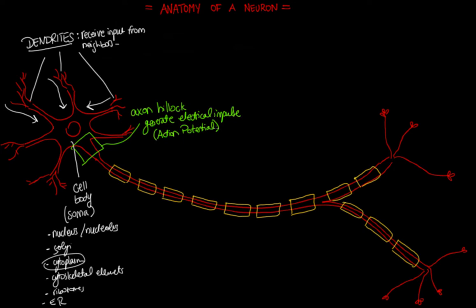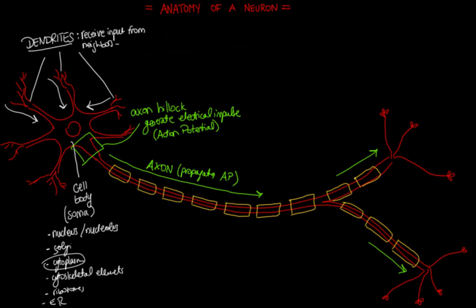So after the action potential is generated, it is then going to propagate down a very long process. And this process is called the axon. And so the function of the axon is to propagate the action potential, abbreviated AP, until it reaches the very end.